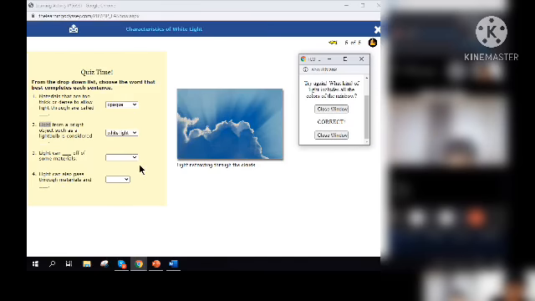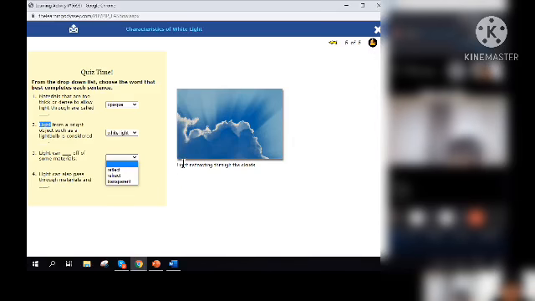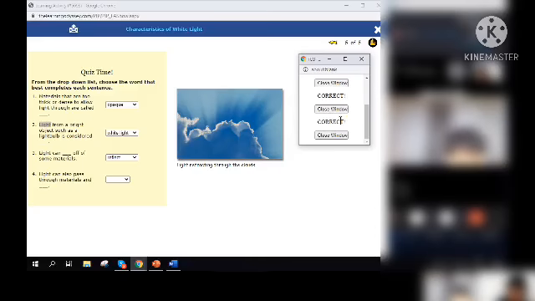Okay, number three, light can blank off of some materials. Do you remember the bouncing motion? Reflect. Okay, reflect. Very good. Yes, reflect.